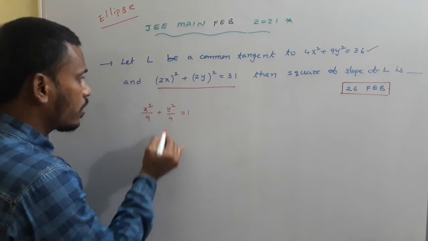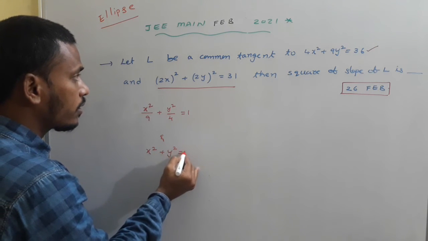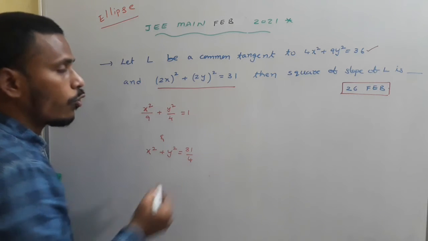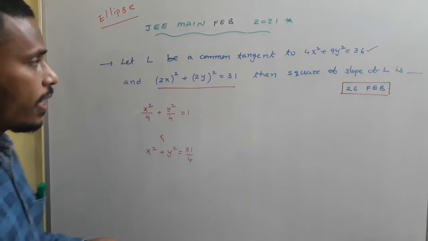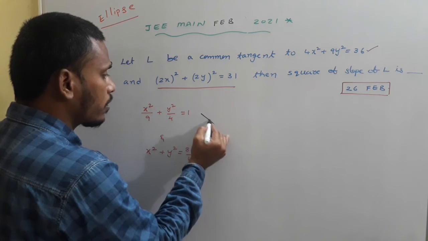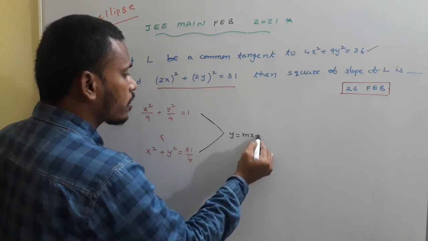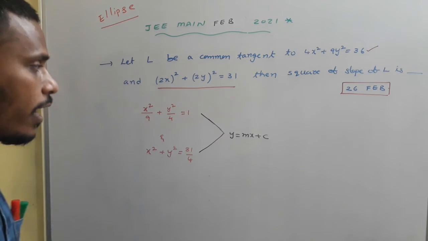And the other equation is this circle x square plus y square is equals to 31/4. These two have a common tangent. Let that common tangent be some y is equals to mx plus c. Our task is to find the value of m.